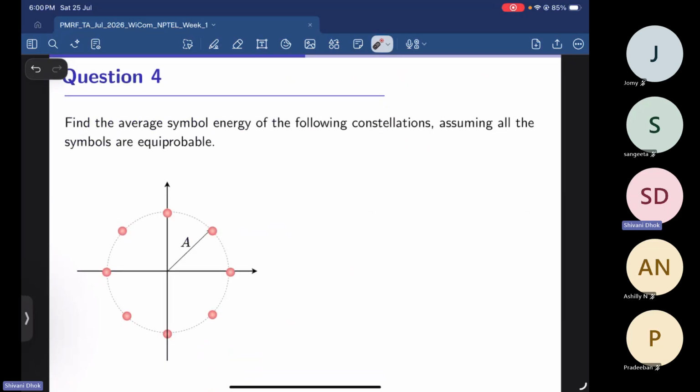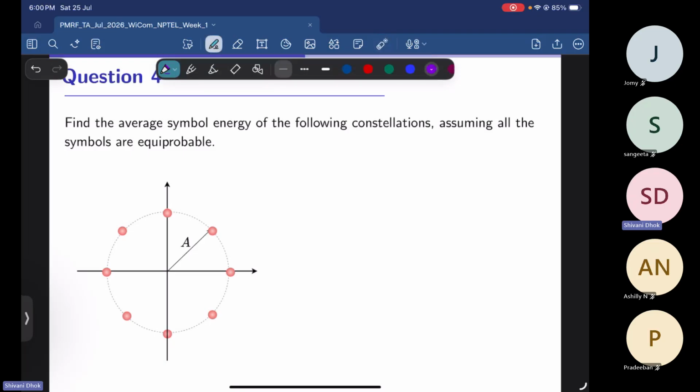Find the average symbol energy for the following constellation, assuming all the symbols are equiprobable. So what is given to us is that all the symbols are equiprobable. In other words, the probability of the mth symbol is 1 by M, and here we have 8 such symbols. So this is 1 by 8 for all m.